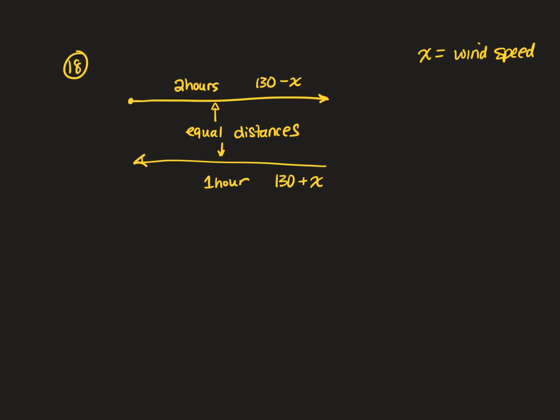So when I start to think about that idea again of distance equals rate times time, I have the outbound distance is rate, which is the 130 minus x, times 2 hours.